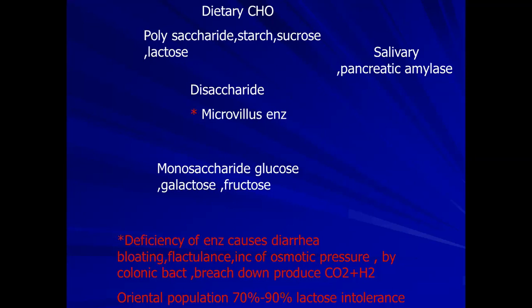So deficiency of the enzyme causes diarrhea, bloating, and flatulence. Why? Because the lactose remains in the bowel lumen as a non-absorbable material, so it increases the osmotic pressure and increases water transmission into the small bowel, and the colonic bacteria break it down to produce CO2 and hydrogen.